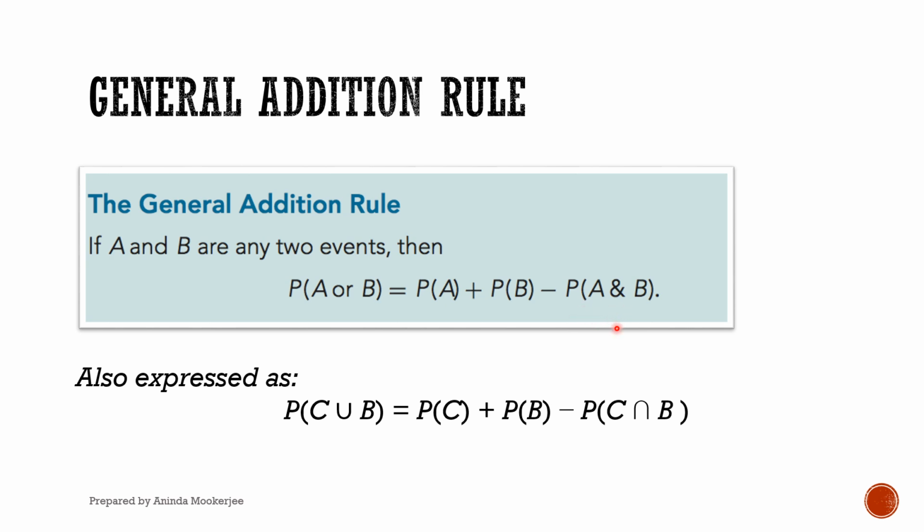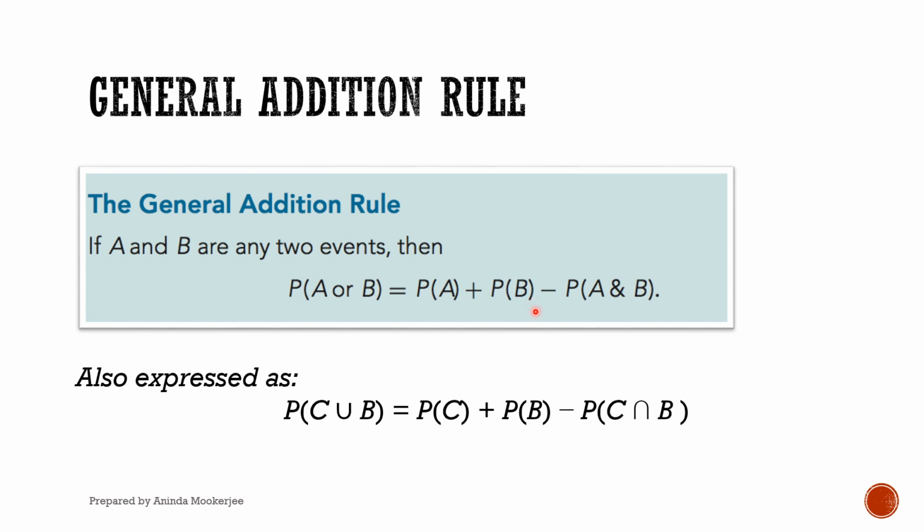So that common intersection has to be subtracted from the probability of A plus the probability of B, otherwise there will be double counting. And I'm going to work out a problem using the deck of cards and show you why we need to subtract the probability of A and B, the common point between the two events.